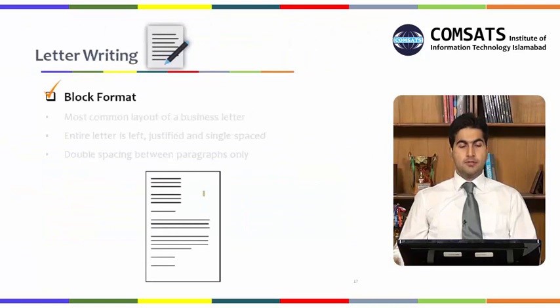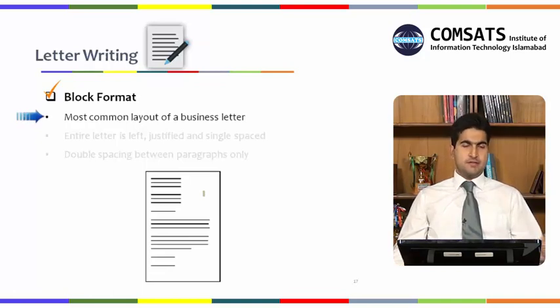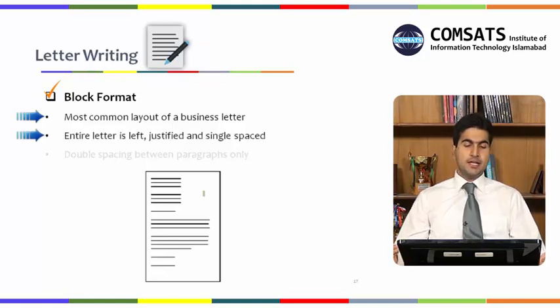So if I talk about the block format, now you have a picture in front of you as well. It is the most common layout of a business letter, because this is the layout which is generally used. The entire letter is placed on the left hand side. It's placed left, it's also justified.